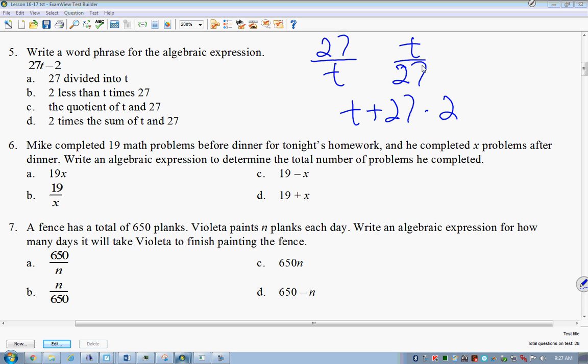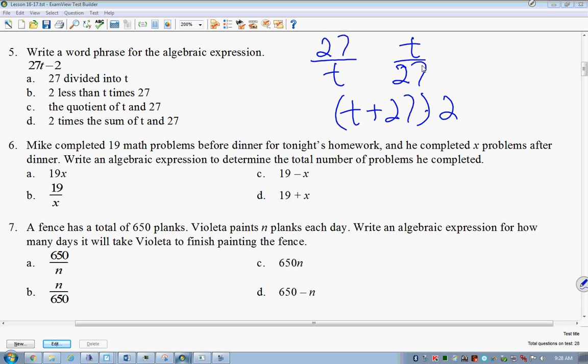Nope. 2 times the sum of. I need to put parentheses around it. Okay, because it's 2 times the sum of. Okay? 2 times the whole thing.